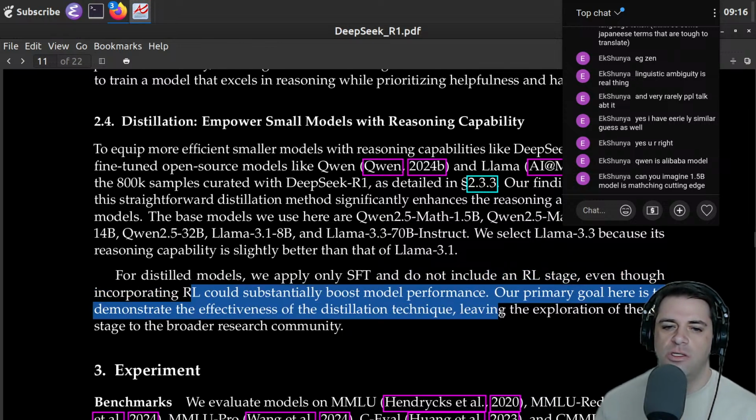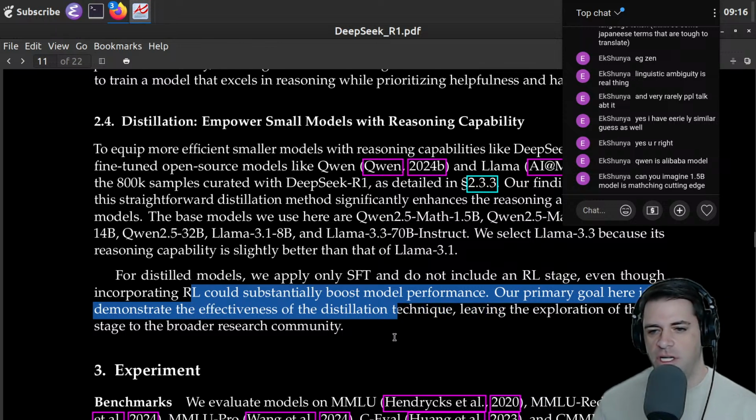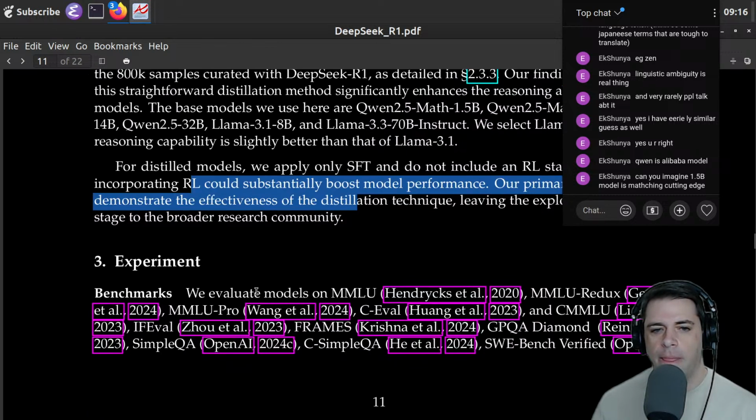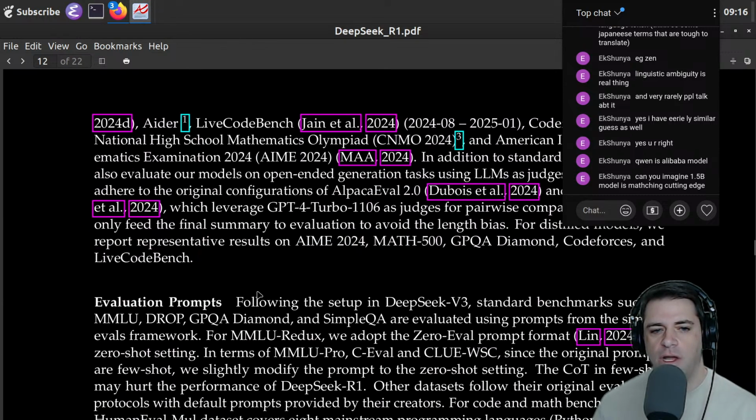Our primary goal here is to demonstrate the effectiveness of the distillation technique, leaving the exploration of RL to the broader research community." And then they just talk about their evaluation stuff.